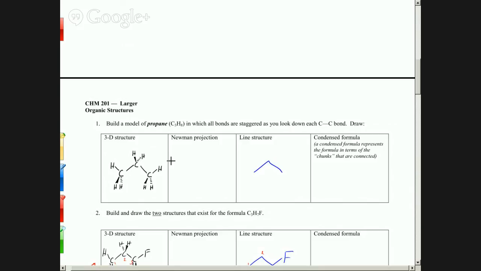So you write the whole formula without using any lines, you just write the letters. So something like propane would look like this. It's like the molecular formula, but you write it in the chunks that are connected to each other. So a carbon with 3 hydrogens on it, then a carbon with 2 hydrogens on it, then a carbon with 3 hydrogens on it. That's a condensed formula.